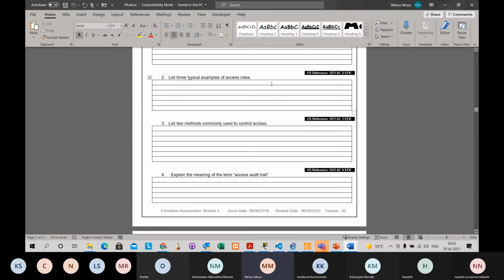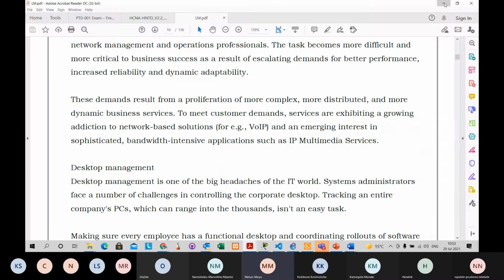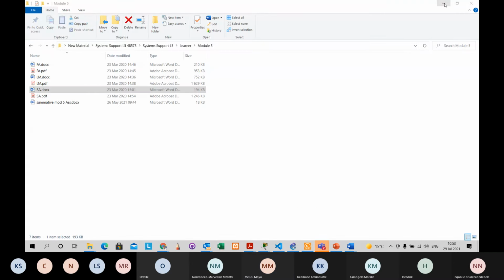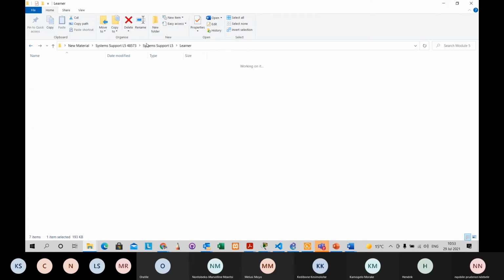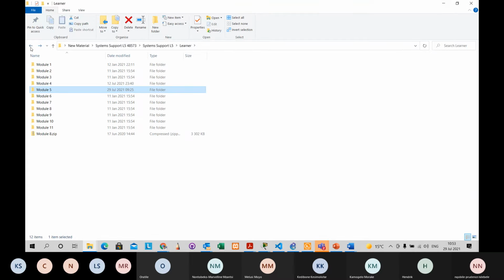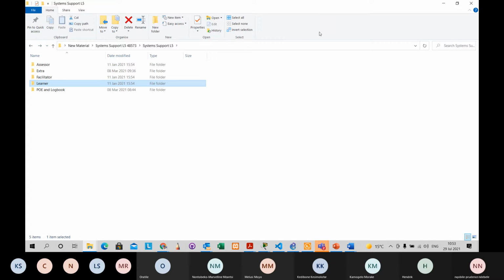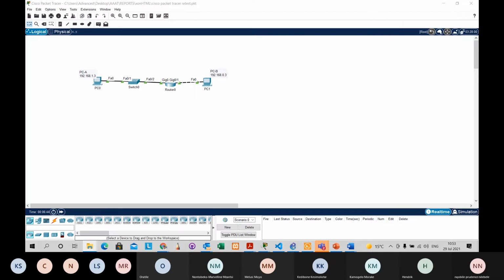So access roles, right? Let me just quickly turn it on. Access roles.